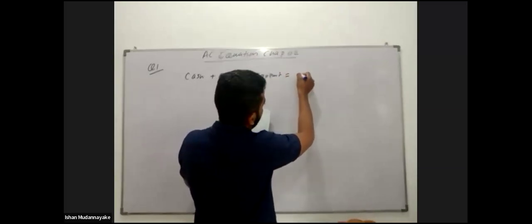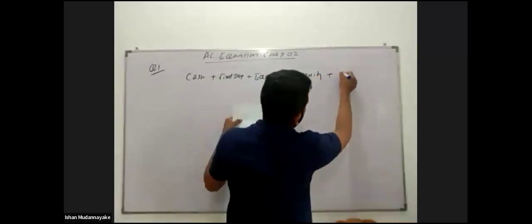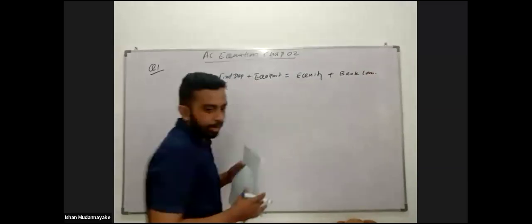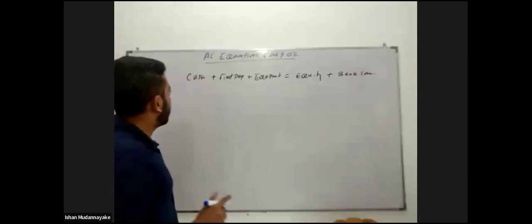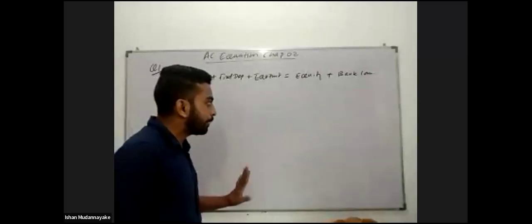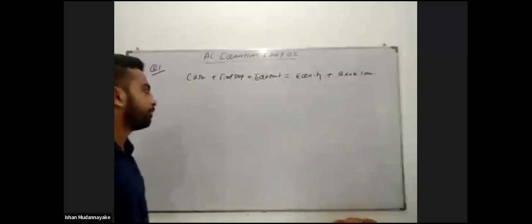Let's say capital or equity, and bank loan. Okay, cash plus fixed deposit plus equipment equal to equity plus bank loan.